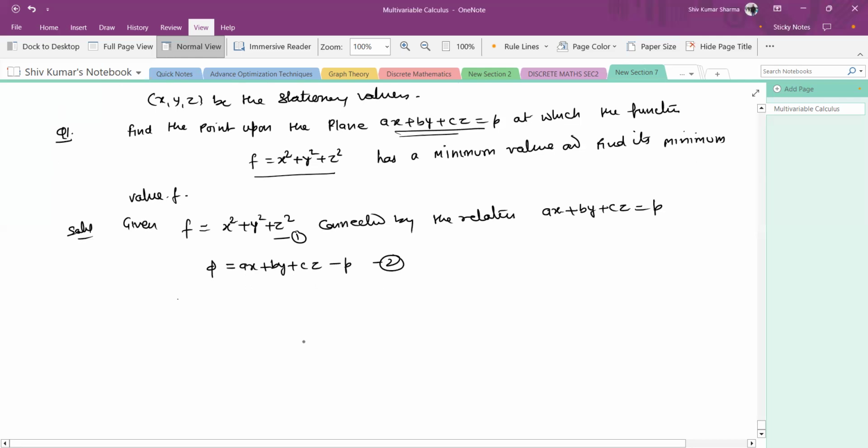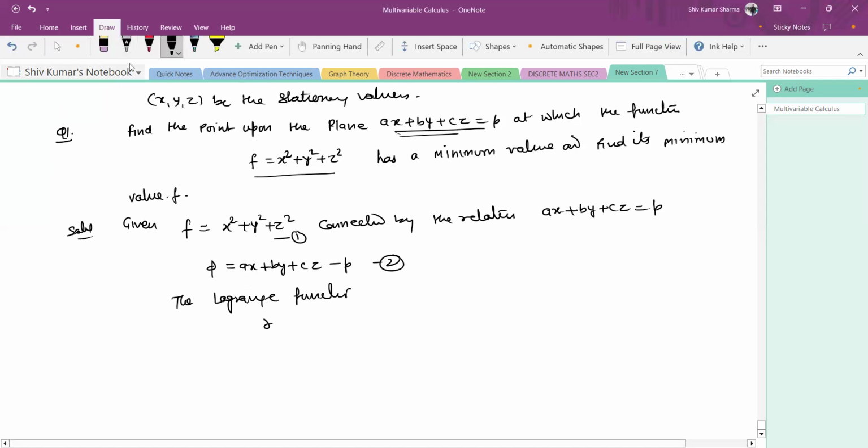Lagrange function, that means first we calculate the value of f plus one multiplier, because one function is given.